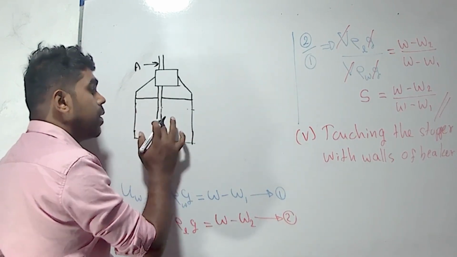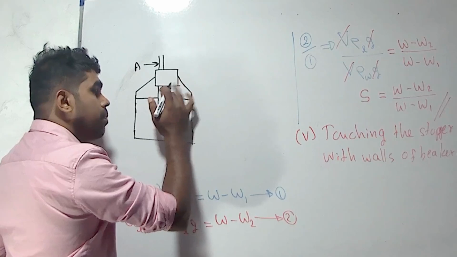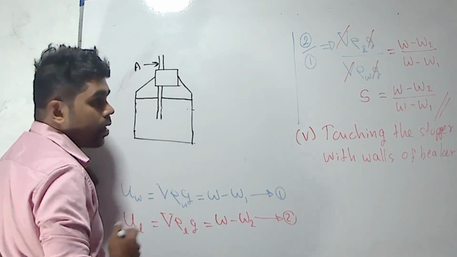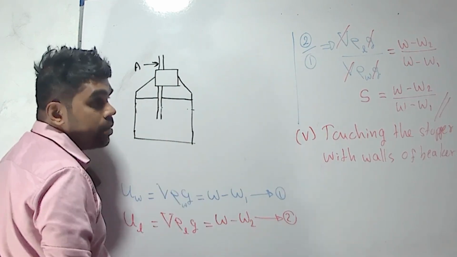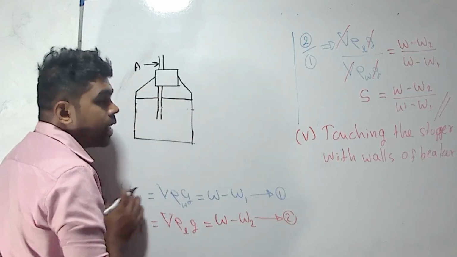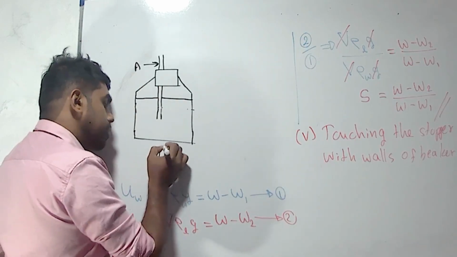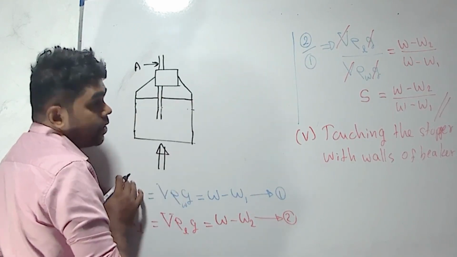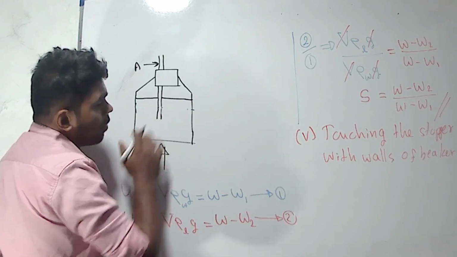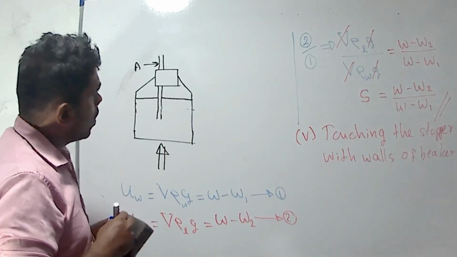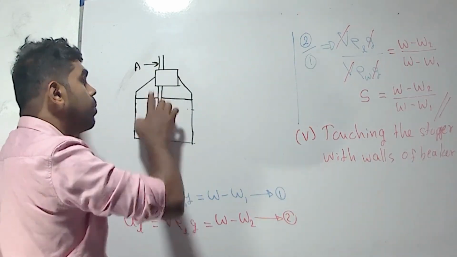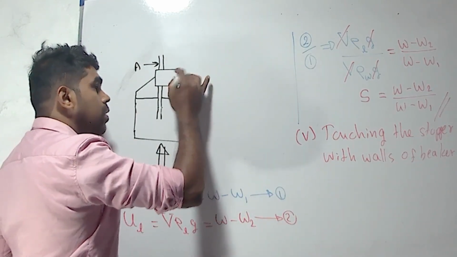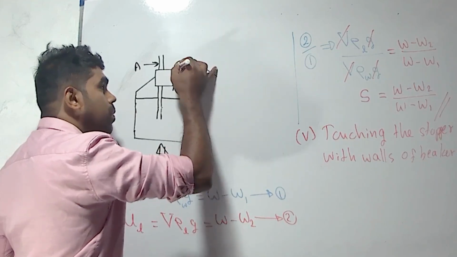But if the water level is below the tube A, we can't do the practical using this apparatus setup, because when heating this system, the generated steam will flow out through the tube A. But we have to get steam through this rubber tube.